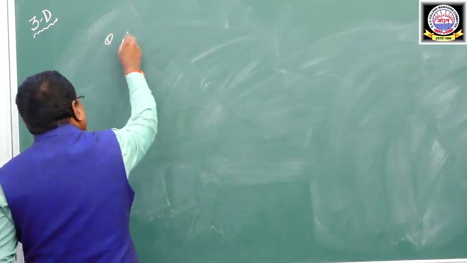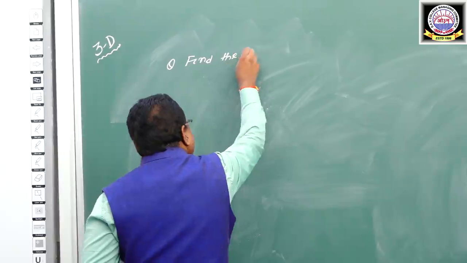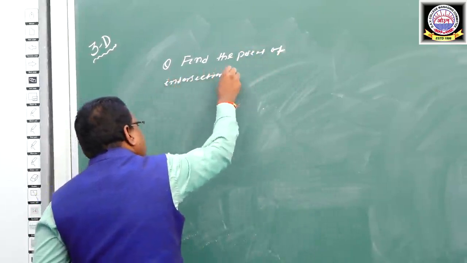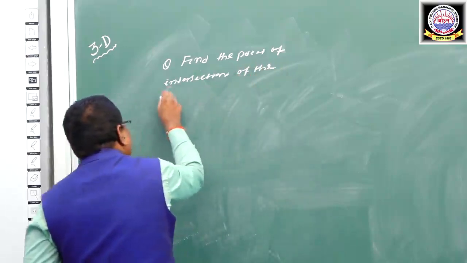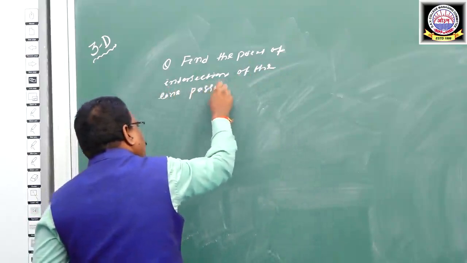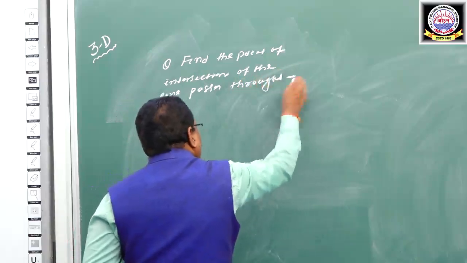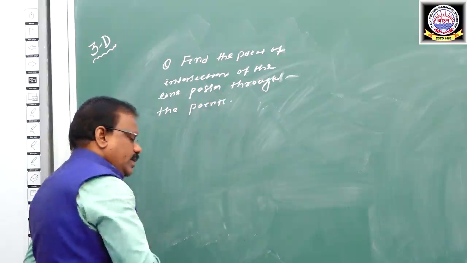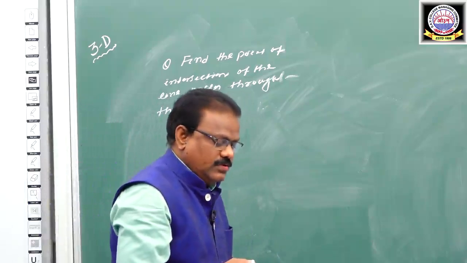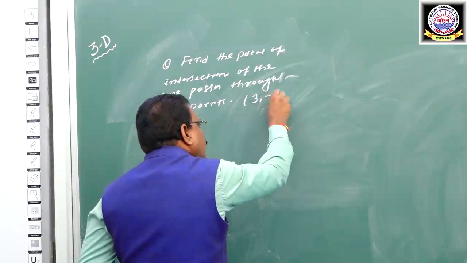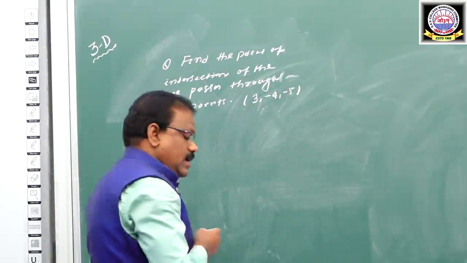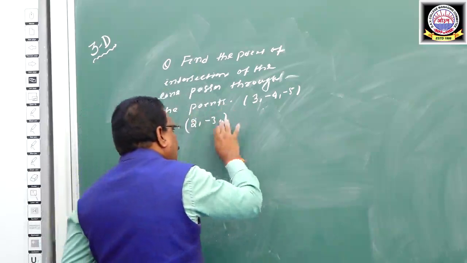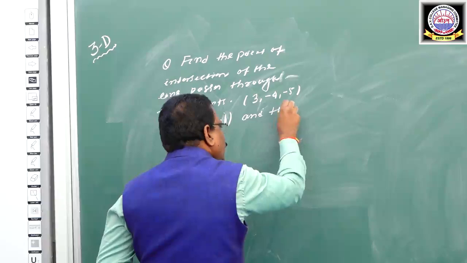Find the point of intersection of the line passes through the points 3, -4, -5 and 2, -3, 1, and the plane.